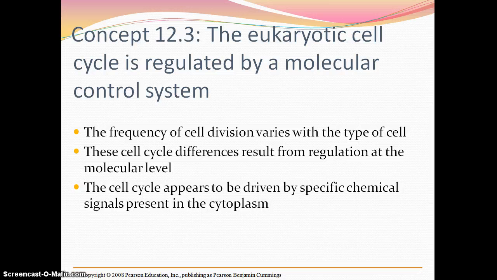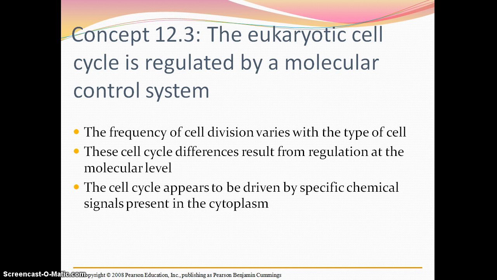So next I want to take a quick look at how cell division is regulated. So cell division is regulated through a molecular control system. The frequency of division is going to vary with the type of cell. As we already saw, some cells never go through cell division, like brain cells, nerve cells. And others are going to have to replicate and divide on a very frequent basis.